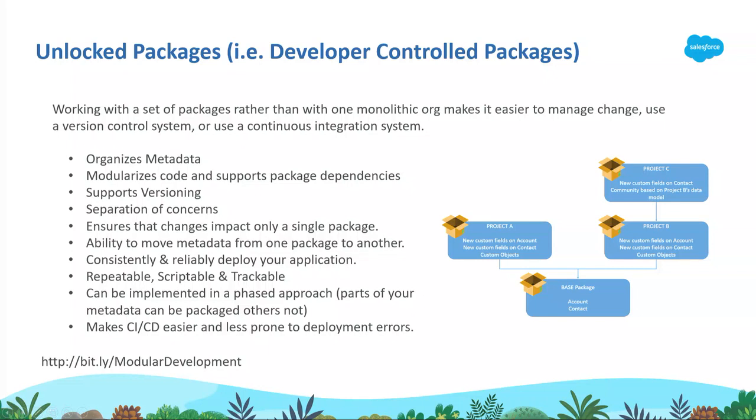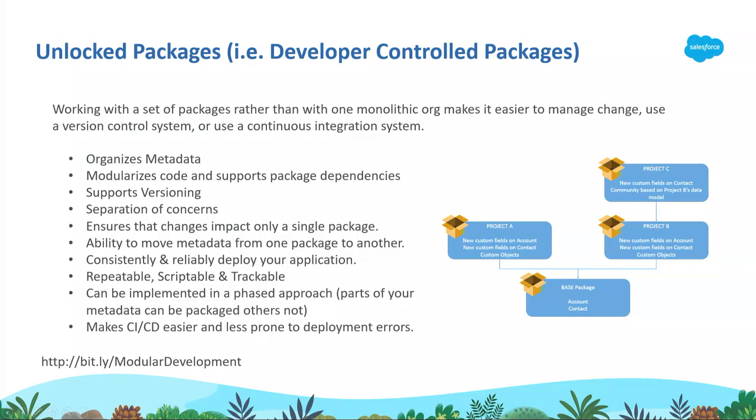By packaging it up, Salesforce does all that testing ahead of time to make sure that the packages are deployable practically into any sort of environment out there. The other key point is that packages make deployments repeatable, scriptable, and trackable. Again, super helpful whenever we're doing hundreds of deployments a day into these various different environments.